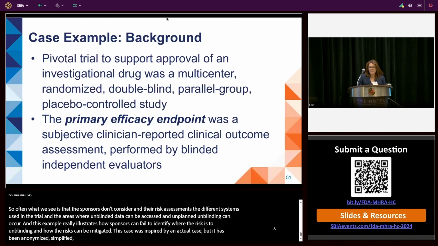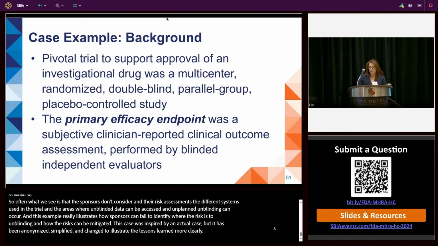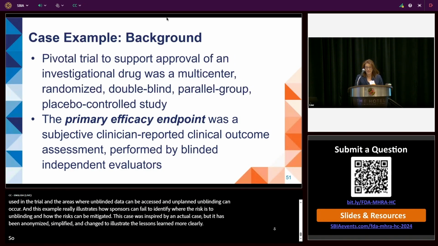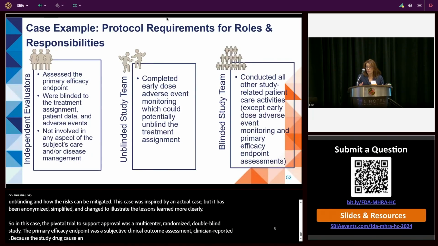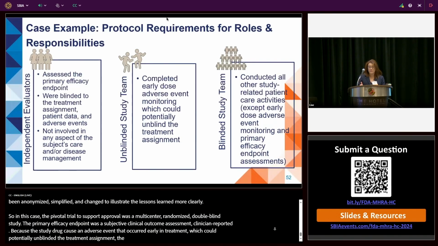So in this case, the pivotal trial to support approval was a multi-center randomized double-blind study. The primary efficacy endpoint was a subjective clinician-reported clinical outcome assessment. Because the study drug caused an adverse event that occurred early in treatment, which could potentially unblind the treatment assignment, the protocol required that each site have blinded independent evaluators to conduct the primary efficacy assessment.